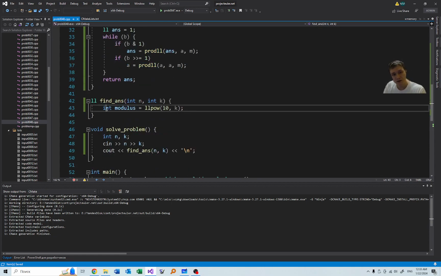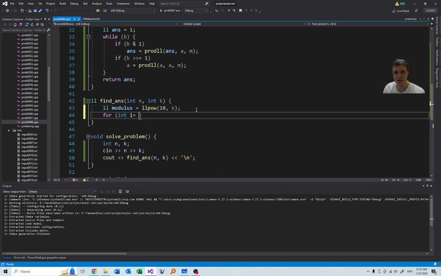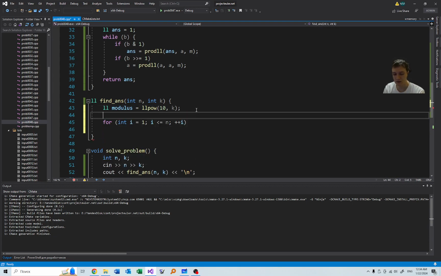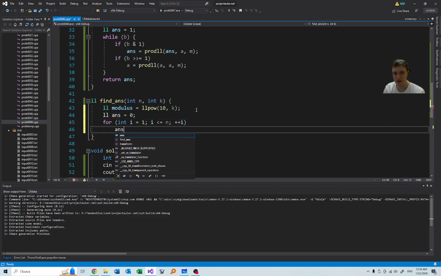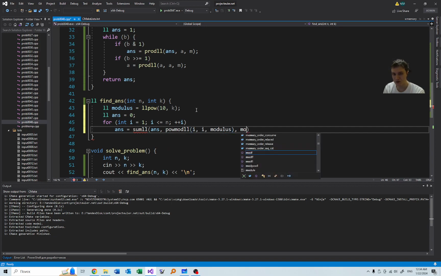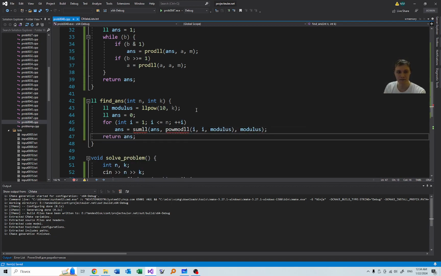So here, actually, modulus is long. We go through all numbers from 1 to n, and we want to say that ans is sum LL of ans, pow mod LL of i, modulus, modulus, and we return answer.